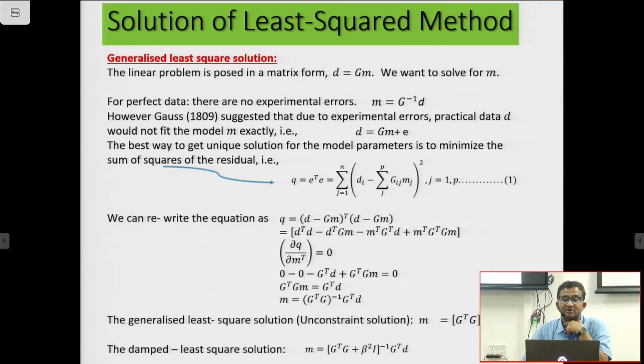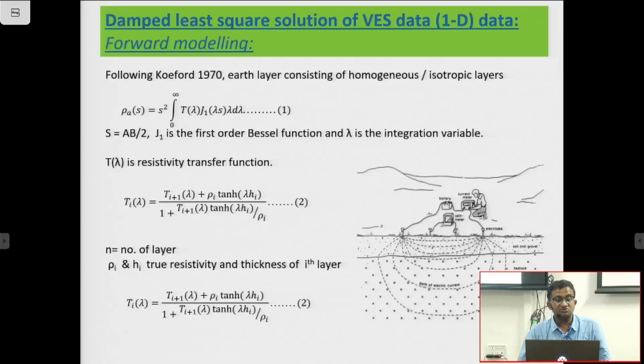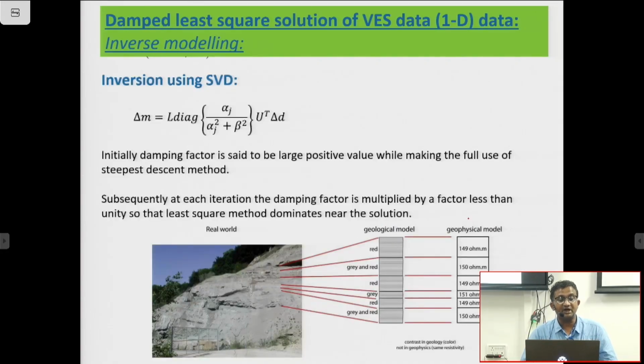Okay, so we have talked about least squares in the lectures, and here we will see it in the resistivity inverse problems. This is our observation, this is your forward theory, and this is the inverted solution which has been obtained with the help of the singular value decomposition of your G matrix.